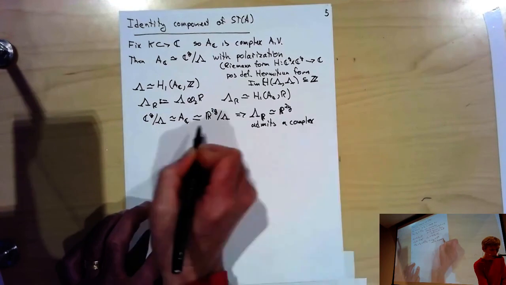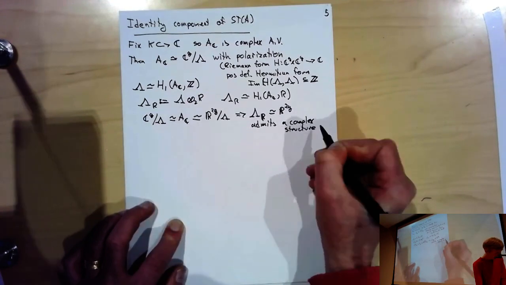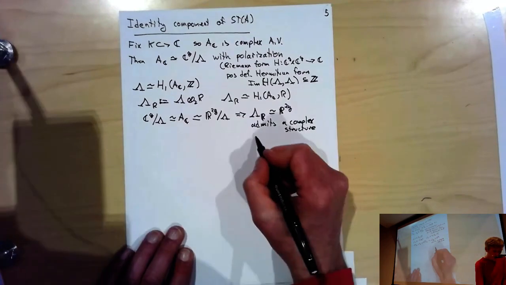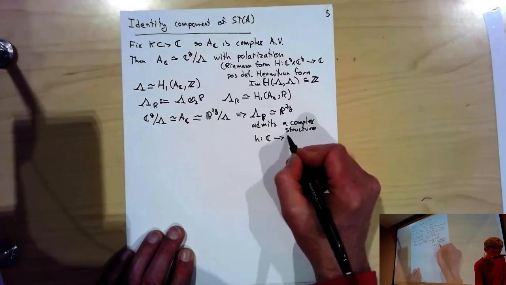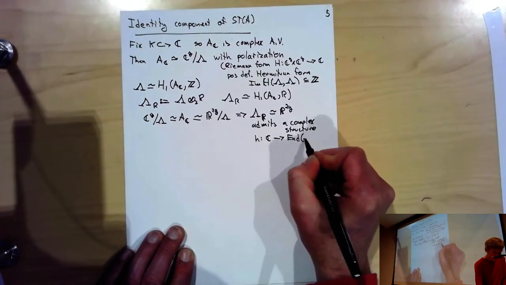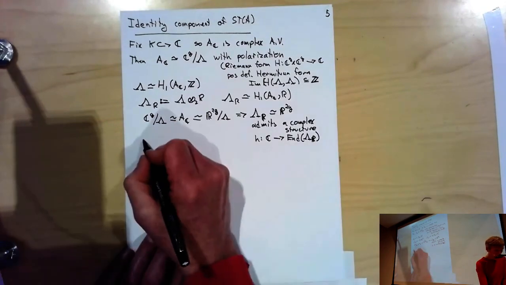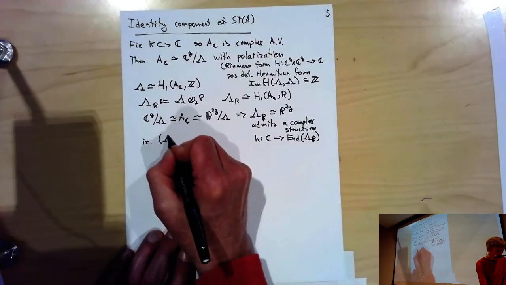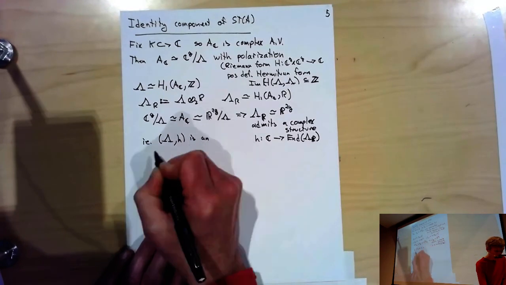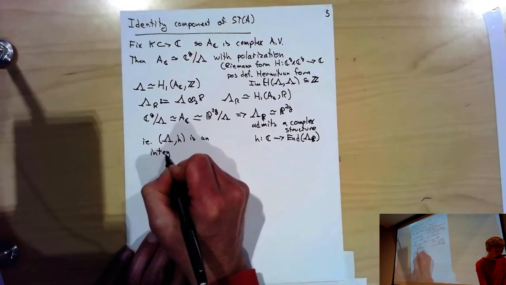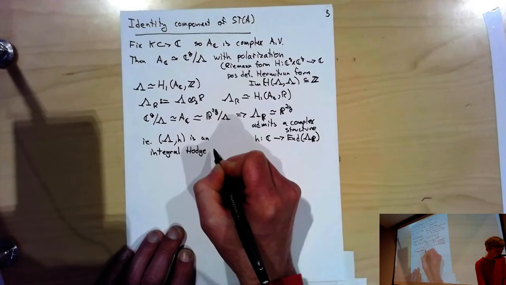It's completely determined by this isomorphism over here. By complex structure, I just mean a homomorphism from C into the endomorphisms of our vector space. Another way of saying this is that Lambda is an integral Hodge structure, pure of weight 1 or minus 1, depending on how you like to think of weights.